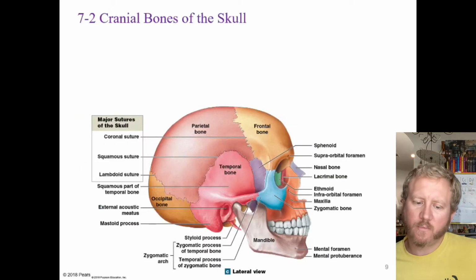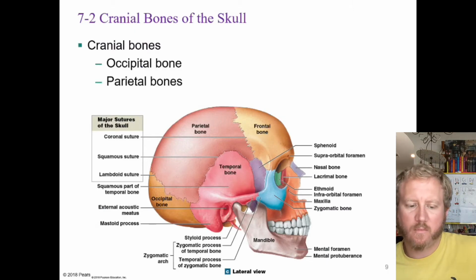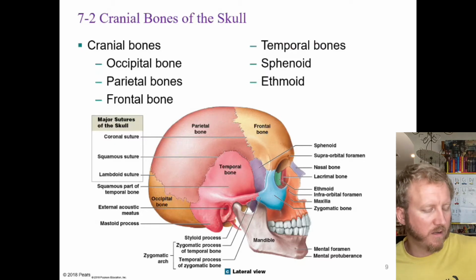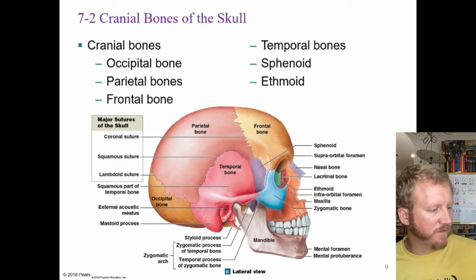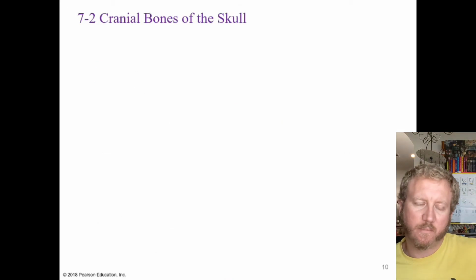All right, so the cranial bones that we're talking about, we've got the occipital bone, the parietal bones, the frontal bone, the temporal bones, the sphenoid, and the ethmoid bones. And so let's take a little bit of time and talk about those. We'll start with the occipital bone. That's the one that's towards the back.